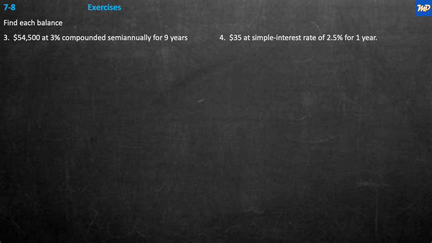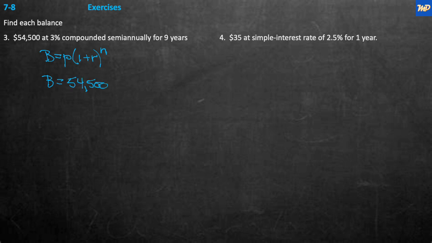Our next problem, 3, is they want us to compound semi-annually. So we've done the semi-annuals before. Writing the formula, B is equal to P times 1 plus R to the N. And what do we have here? B is equal to P, and the P is $54,500.